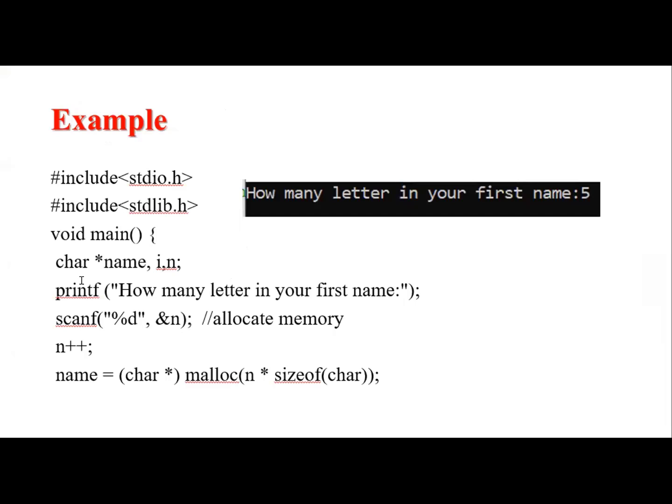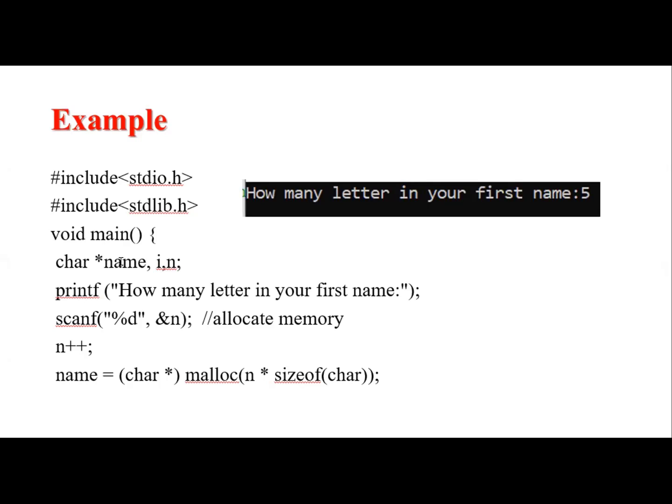Here, how many letters are there in your name? Let's say 5. That means your array will take a maximum of 5 characters. We have not defined the size; we have just defined the pointer variable, that is star name.